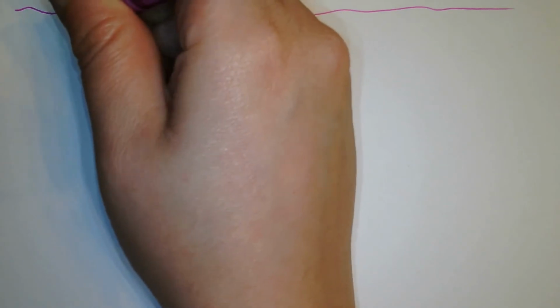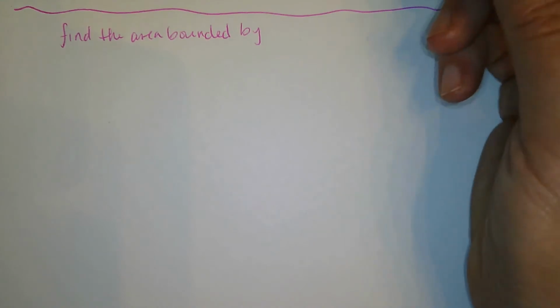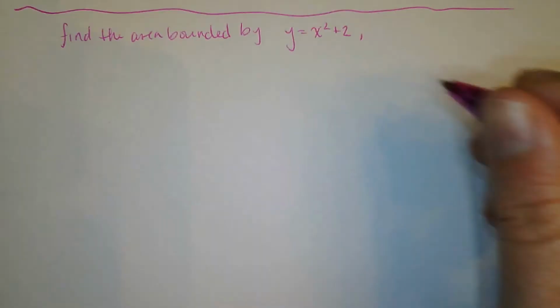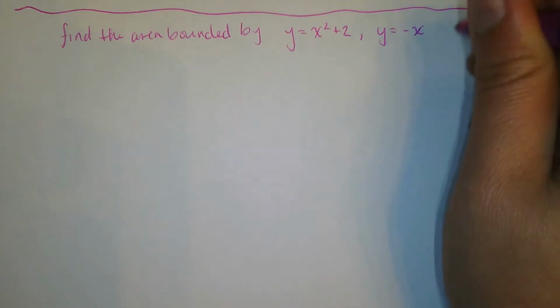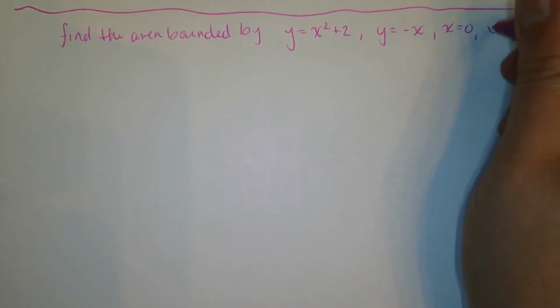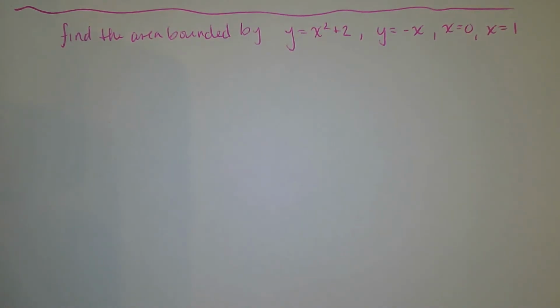Find the area bounded by y equals x squared plus 2, y equals negative x, x equals 0, and x equals 1. So we have to sketch that out to see what's happening. So let's do that.